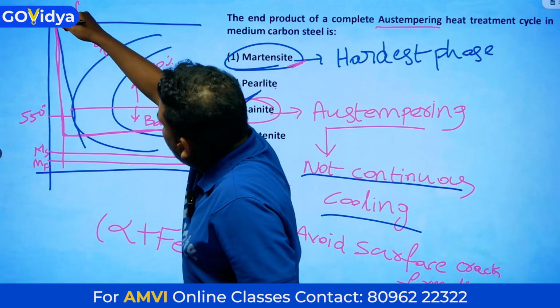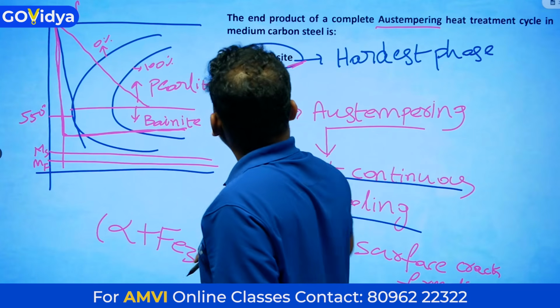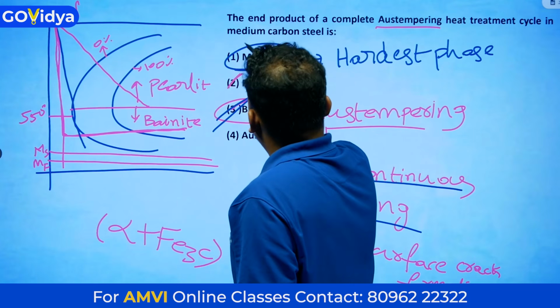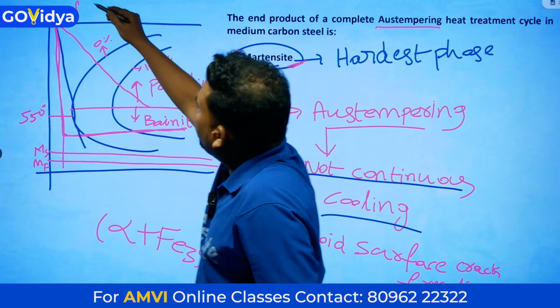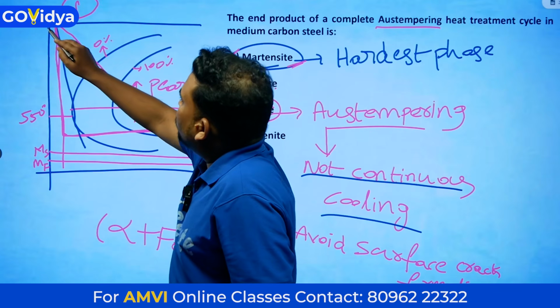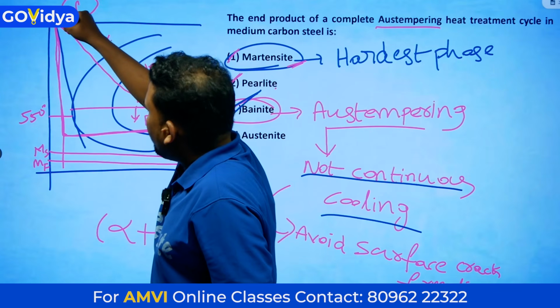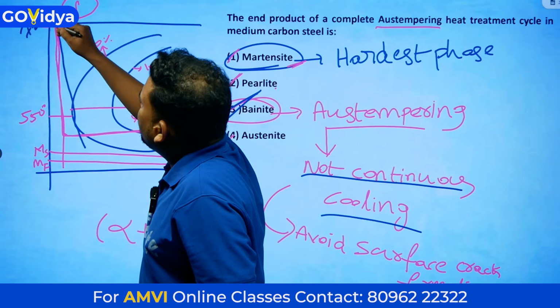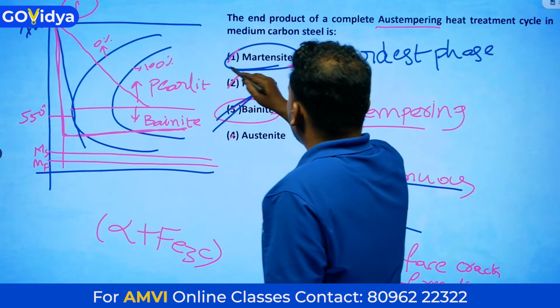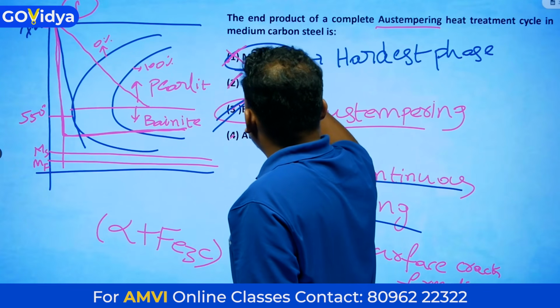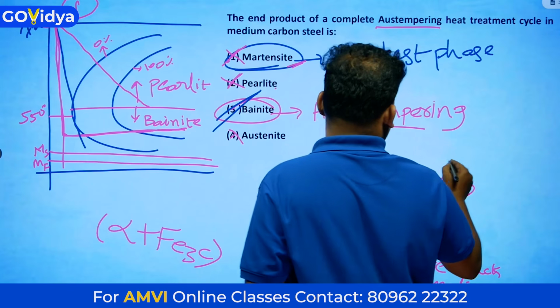Pearlite: if you cool slowly, you will get the pearlite region. This is also wrong. Austenite is the phase you get when you heat the steel above 723 degrees centigrade. So this is also not correct. Bainite is the correct answer.